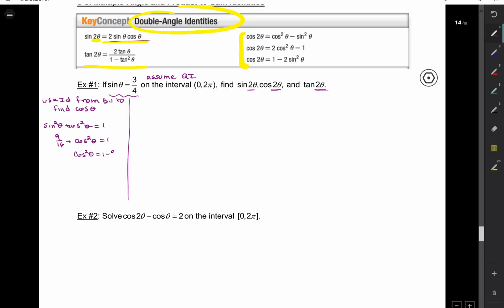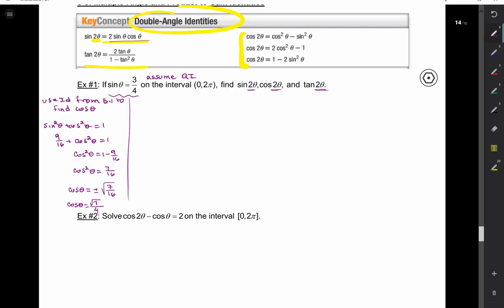So cosine squared theta is 1 minus 9 over 16, which means it's 7 over 16. And cosine of theta would normally be plus or minus the square root of 7 over 16. Because we said we're dealing with the first quadrant, let's do root 7 over 4.